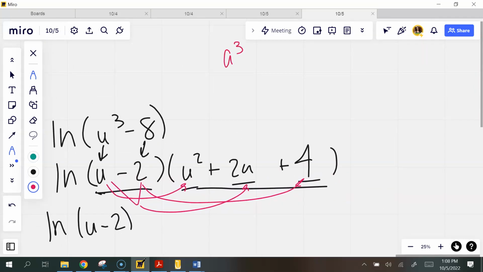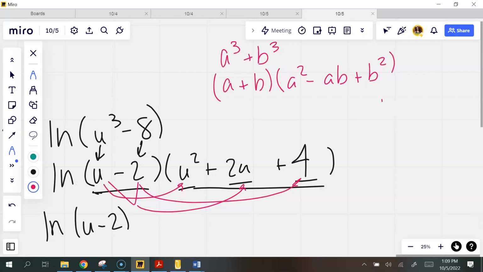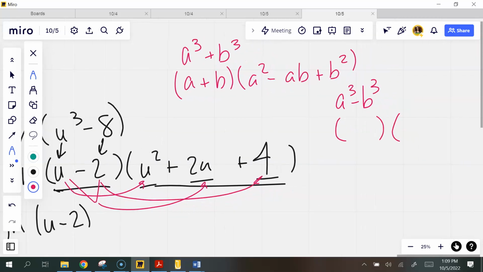Y'all are getting held up on the algebra 2 stuff. Sum of 2 cubes. This is a special pattern to factoring. Every sum or difference of 2 cubes factors that way.